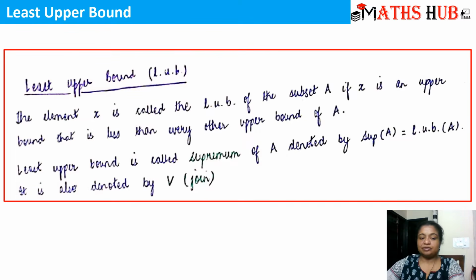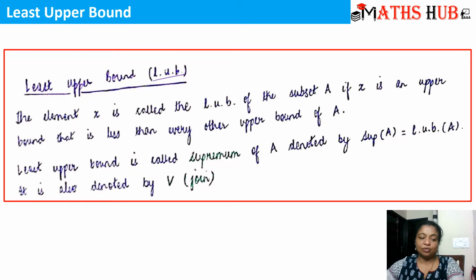A least upper bound is also known as the LUB, L.U.B. So any element x is called the LUB of the subset A if x is an upper bound that is less than every other upper bound of A. So as I told you in my previous video also, whenever we are working with upper bounds and lower bounds, we are not concerned with the entire POSET, but we are only concerned about a particular subset in that POSET. So once we get the collection of all the upper bounds, the least upper bound will be the smallest among all those upper bounds, right?